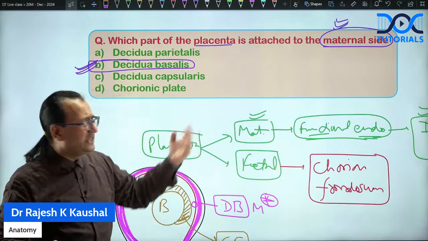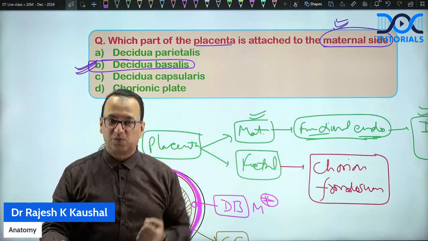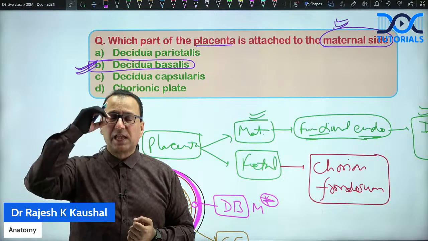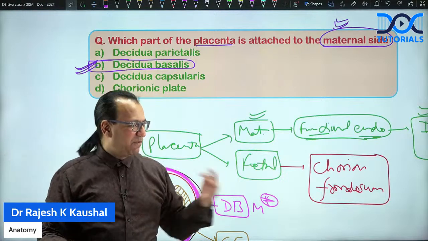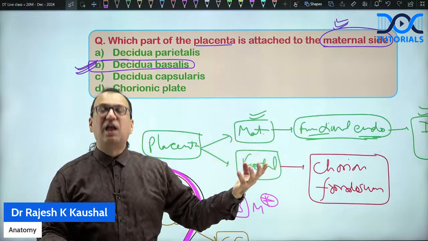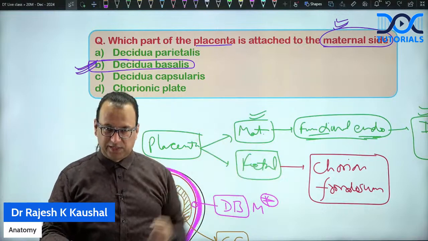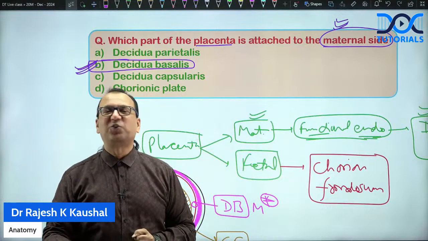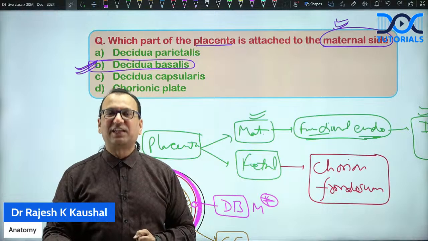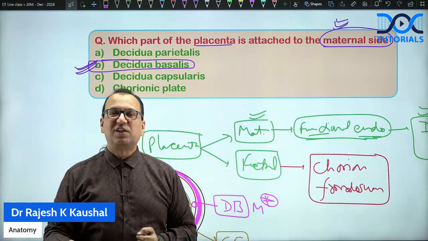In your FMGE exam also, what are you supposed to do? You have to minimize your mistakes, and FMG will be clear. Then after that, PG will be clear. You will become MD or MS, and after that, you'll become DM, MCh, and by the age of 40, not to dishearten you, maybe you will be a great, successful doctor.